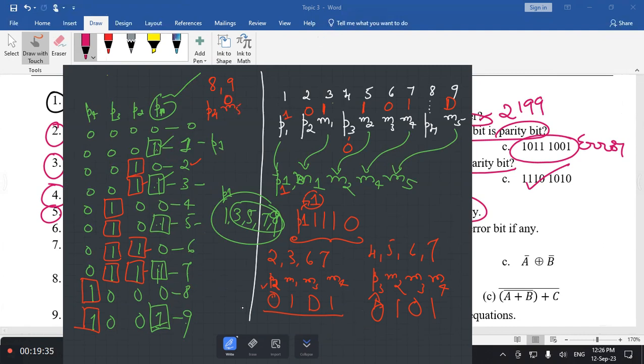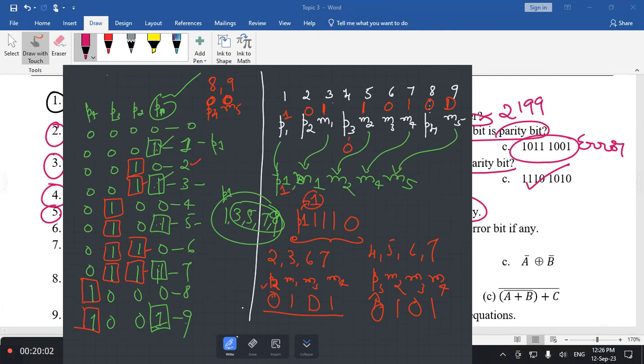Now you have to make it even parity, so you add 0 only. If you put 1 there, it will become odd parity. So you make it 0 only. So now you got all the parity bits.